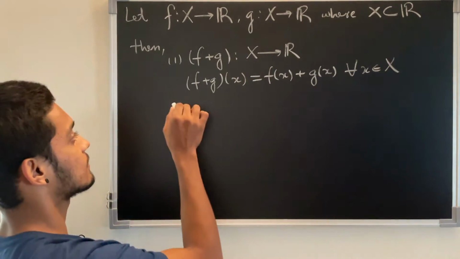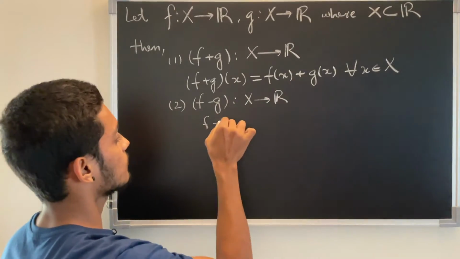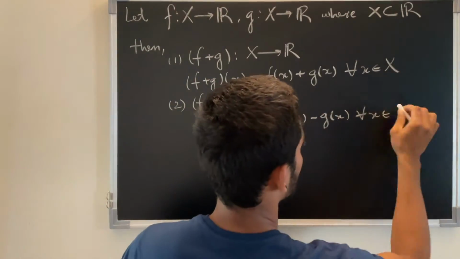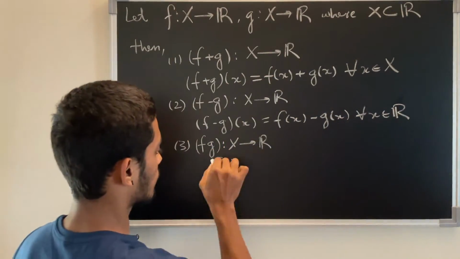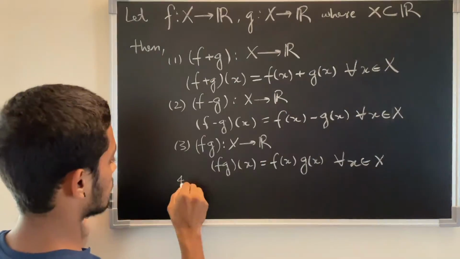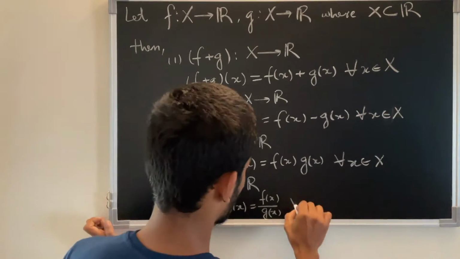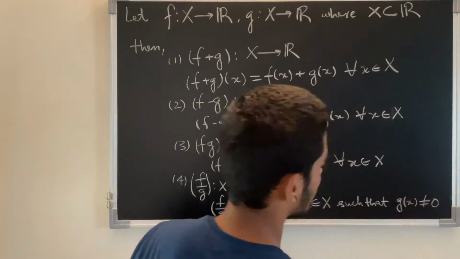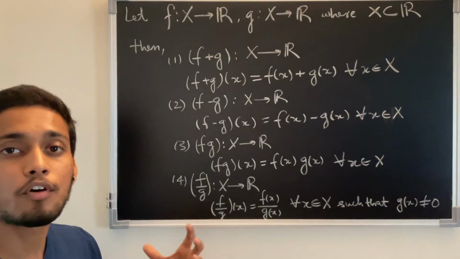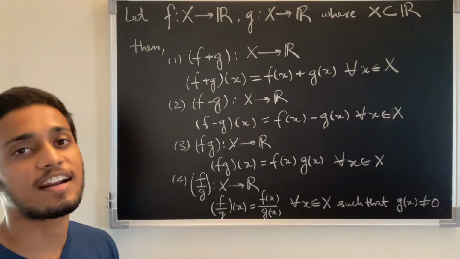So let's see the others. These are the results we get for two real valued functions f and g.